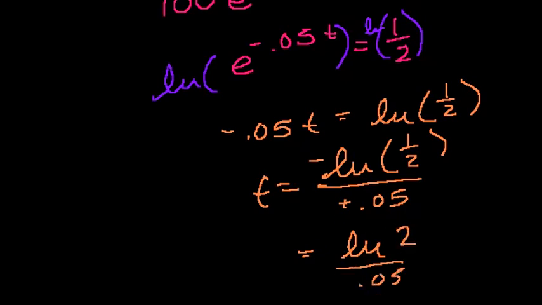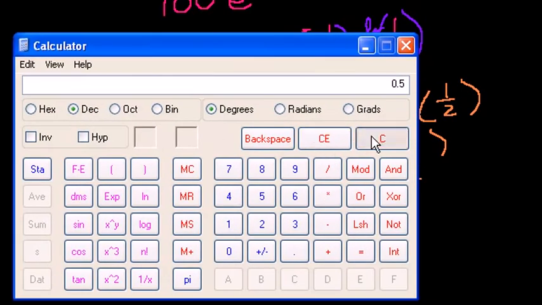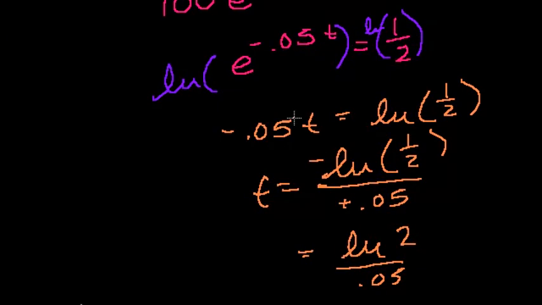So if I do natural log of 2 divided by 0.05, it is equal to 13.86.